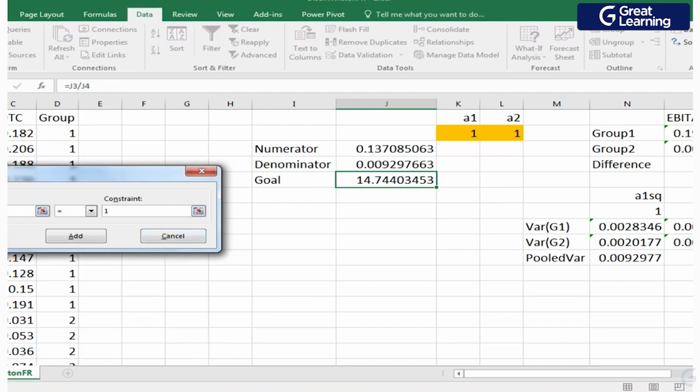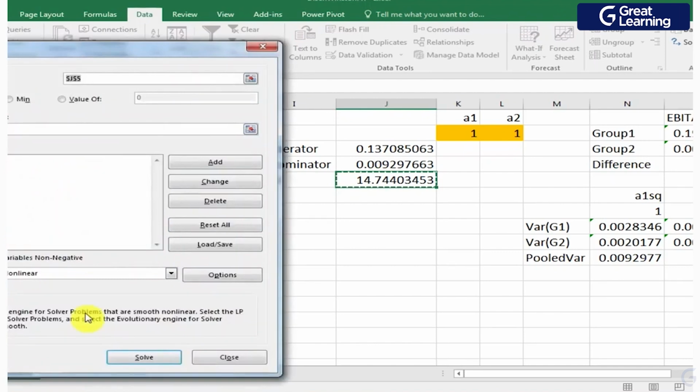Now click OK, and then it is like a regression scoring equation. There is no hard and fast rule that A1 and A2 have to be positive. It can be negative.